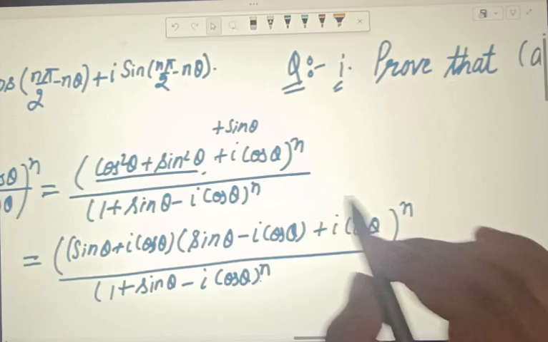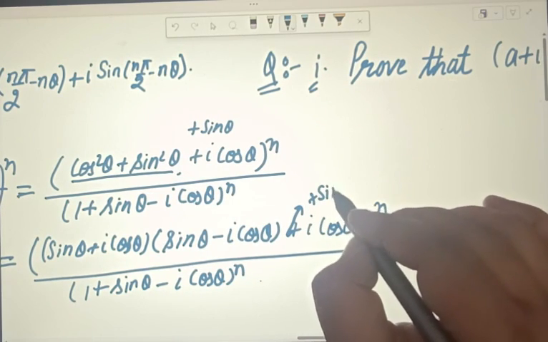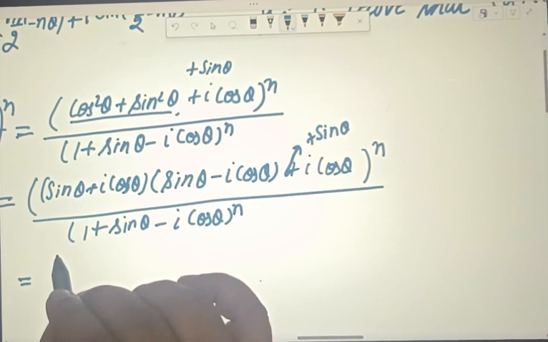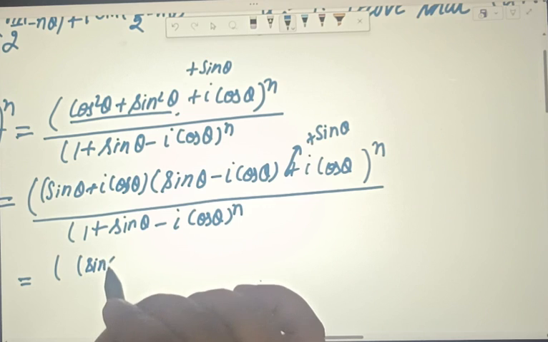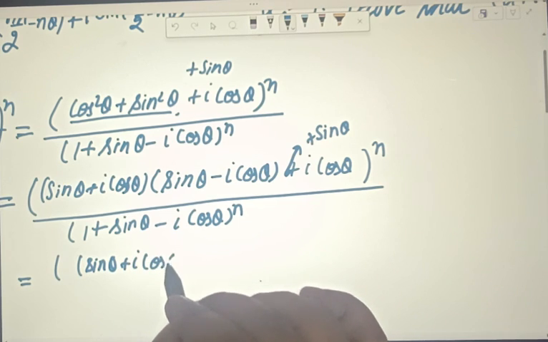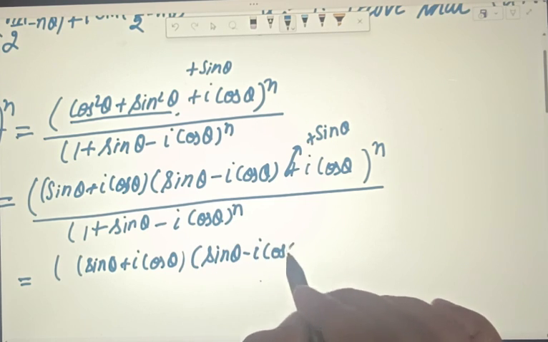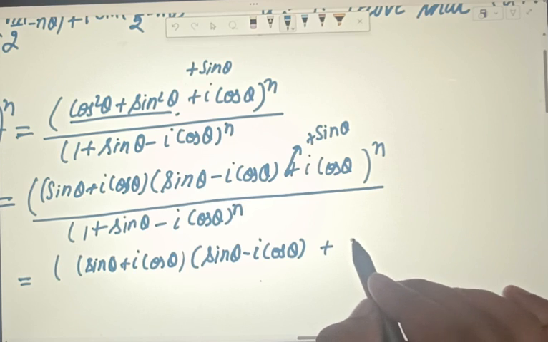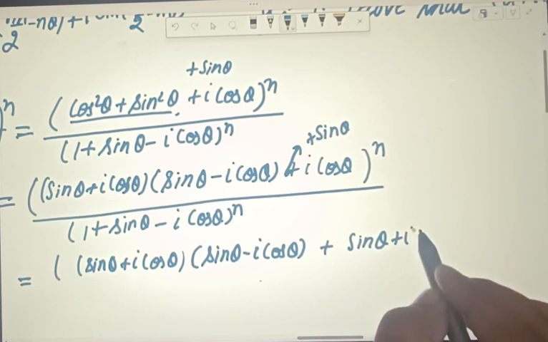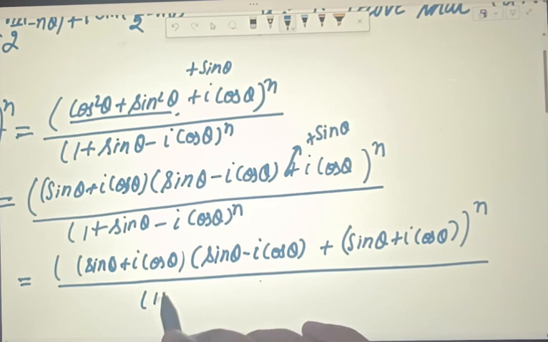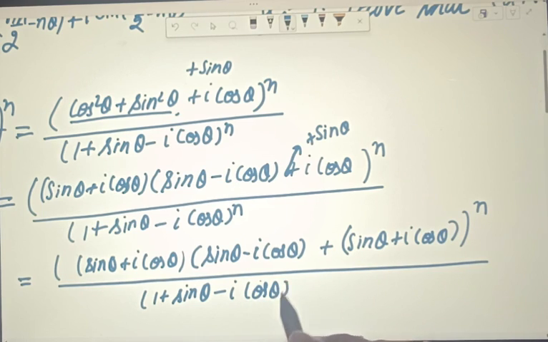So we have sine theta plus iota cos theta and sine theta minus iota cos theta; this is plus sine theta and plus iota cos theta, to the whole power n, divided by 1 plus sine theta minus iota cos theta to the whole power n.